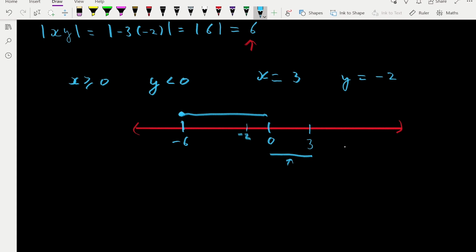This one here is 3 units away from 0, and that one is 2 units away from 0, and then took their product to end up at 6. Whichever order we do things, we always end up 6 units away from 0.